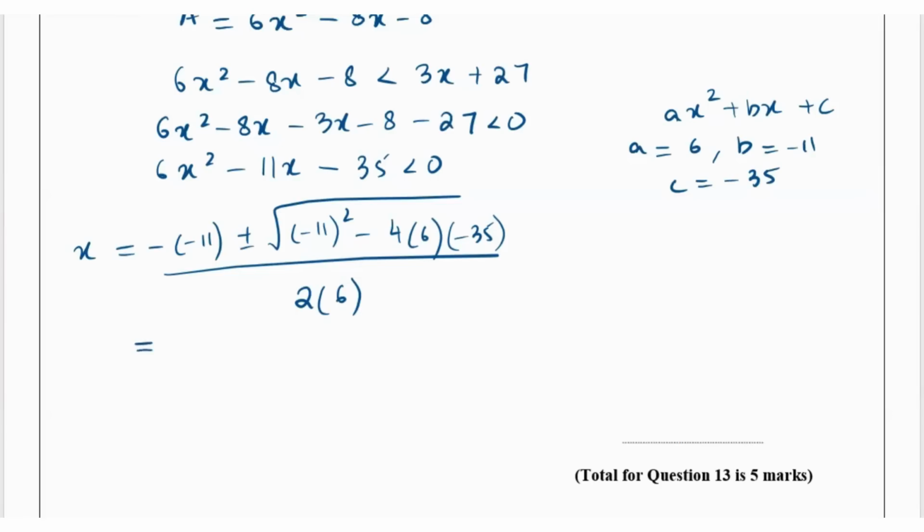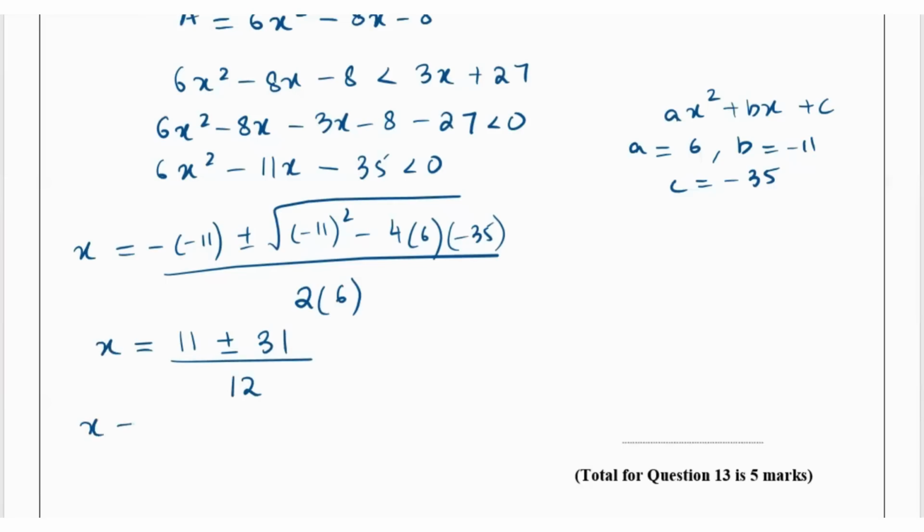So going back to our quadratic equation over here, it's 11 plus minus, let's solve the root. So that's 11 squared, which is 121, plus 4 times 6 times 35. That's 961. So root of 961 is 31. 11 plus minus 31 over 12.